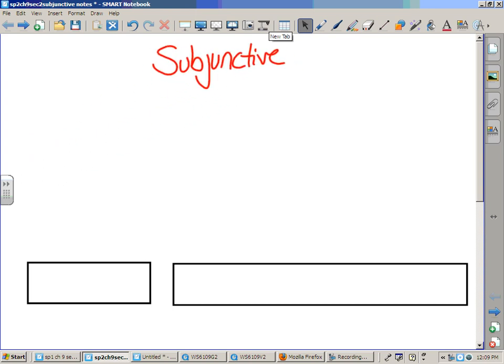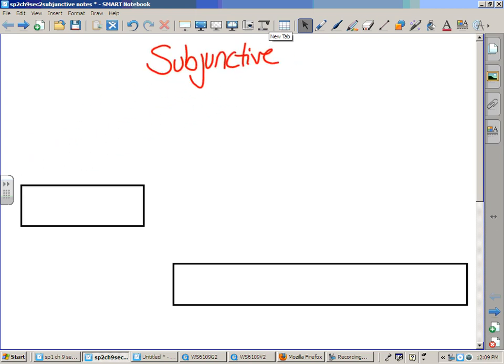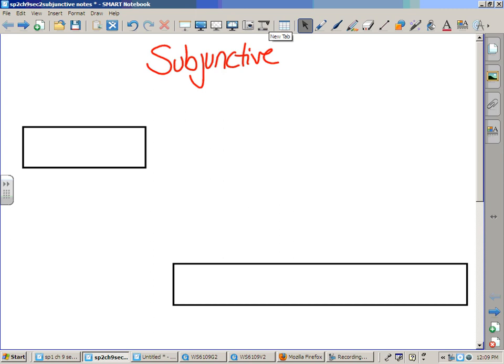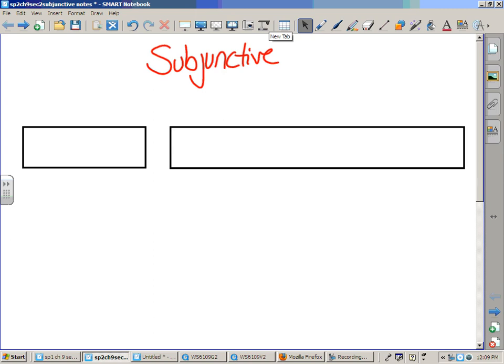Now today we're going to start learning what is the subjunctive or subjunctive mood. Subjunctive talks about things that have some uncertainty in them. It might be right, it might not be right. You think this, or you hope this, or you want this to happen, but it might not.